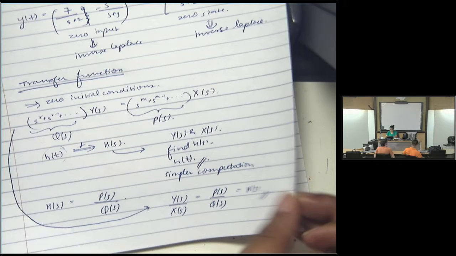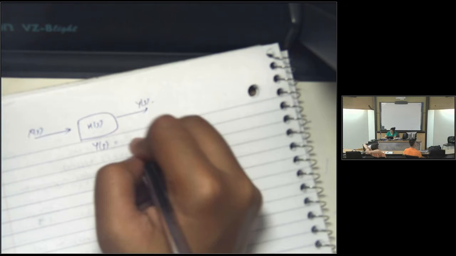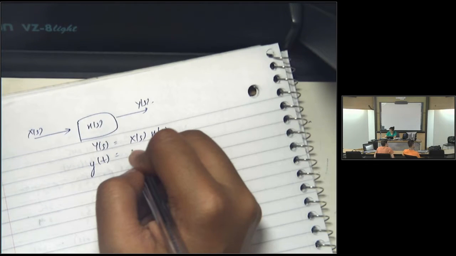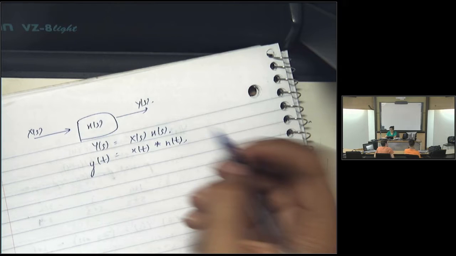Now, what this means from a systems point of view is just a small thing. You have an input X(s), you have a system H(s), and your output is Y(s). So your Y(s) is the product of X(s) and H(s). Or in time domain, it's y(t), which is the convolution of x(t) and h(t). These two terms mean the same thing.